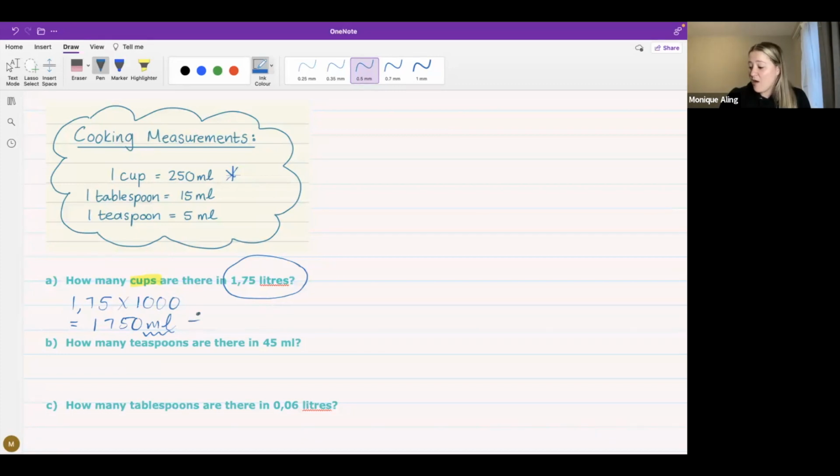So when you see how many times 250 milliliters fit into this amount, so we divide. And because we're dividing, we can see that 7 cups fits exactly into that amount. So if you had to measure 1,75 liters into a recipe, now you know that you would use 7 cups exactly.